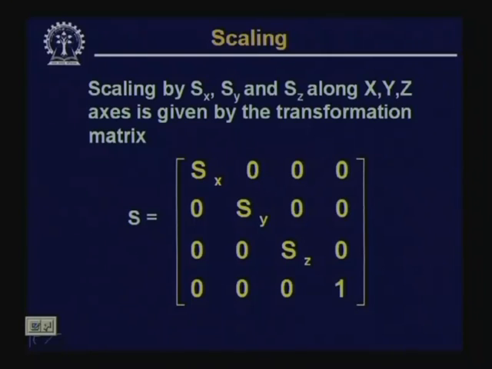Then the transformation matrix for this scaling operation can be written as S equal to Sx 0 0 0, then 0 Sy 0 0, then 0 0 Sz 0, then 0 0 0 1.